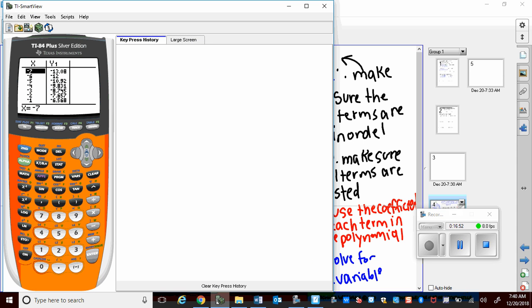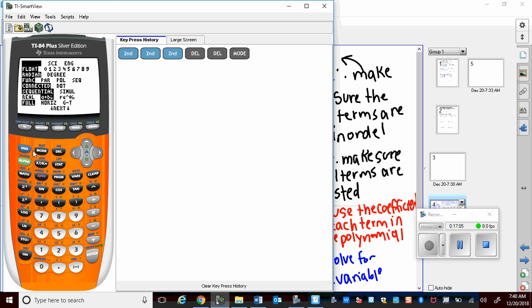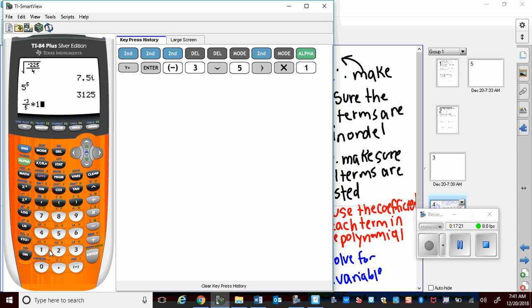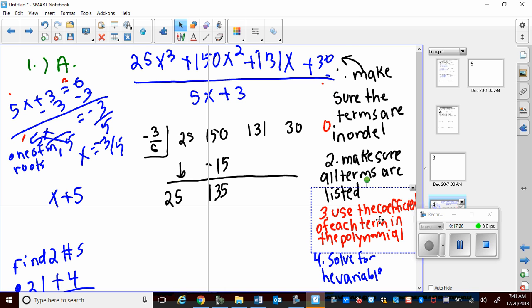I'm going to go to my calculator here. Okay, let's see. Negative 3 over 5 times 135, and I get negative 81.